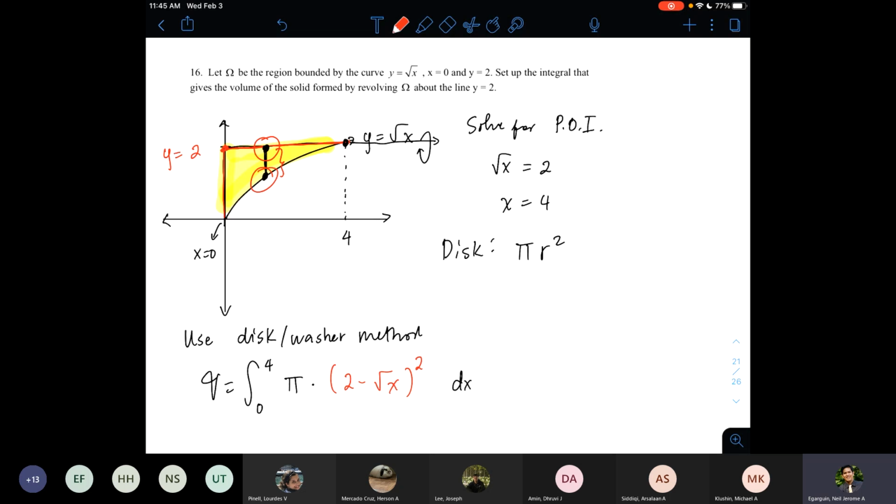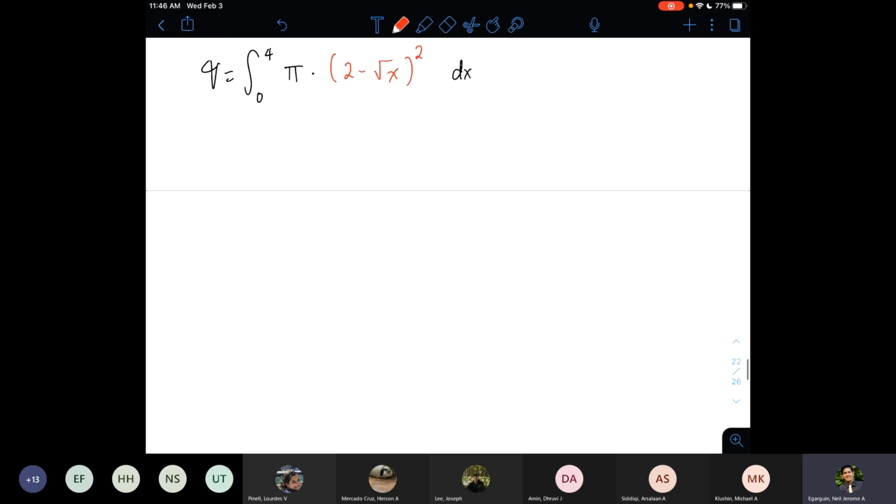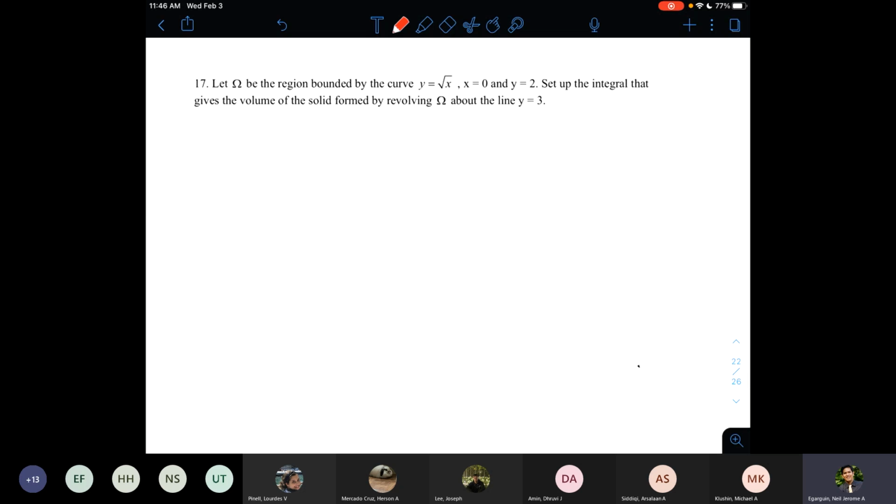I usually tell my students that I'm making those tiny mistakes on purpose so that I will know that people are still paying attention. So yeah. Maybe we can finish all the problems here in the worksheet as far as disk or washer method is concerned.